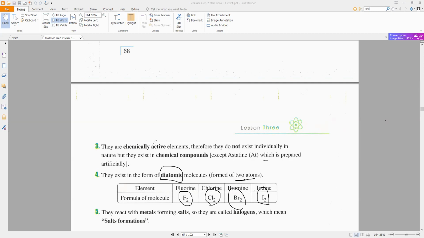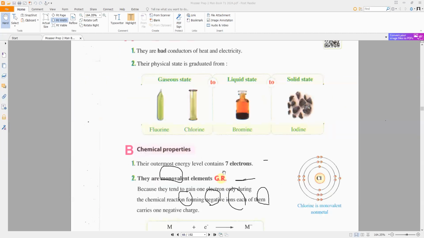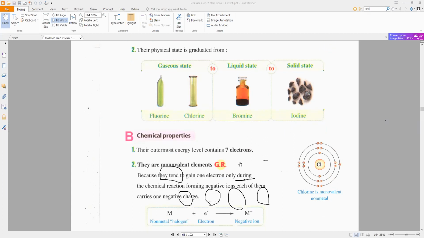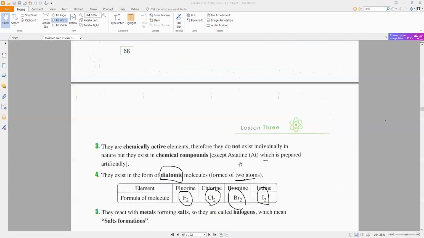And the halogens are bad conductors of heat and electricity. Some are gases like fluorine and chlorine, bromine is a liquid, iodine is a solid. They are chemically active, like the alkali metals.